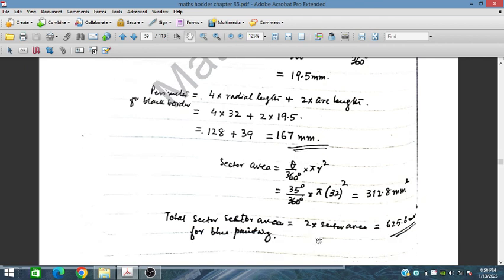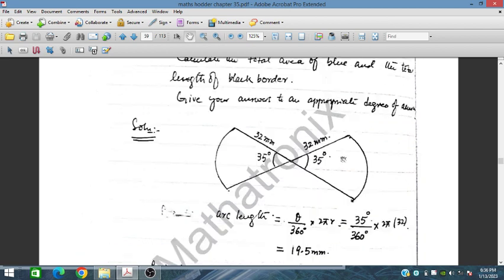So we multiply this to the sector area, and the total sector area is this for blue painting. So we require this 625.6 millimeter square area for blue painting. We have to paint this whole with blue paint, and this border is a black border. This lining is a black lining.